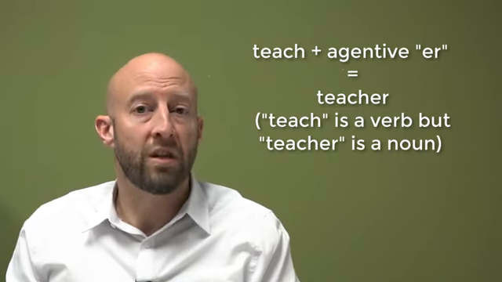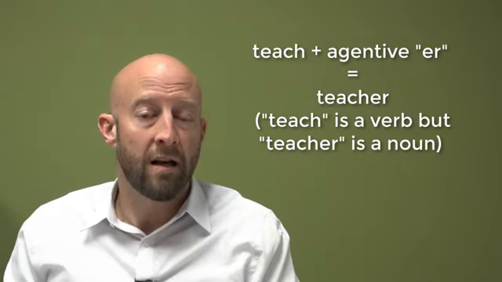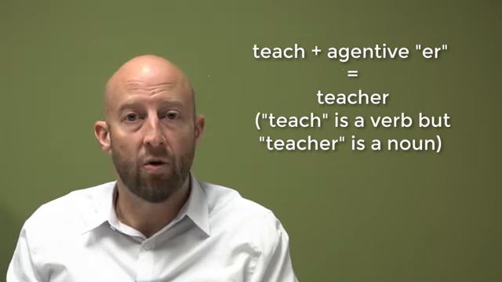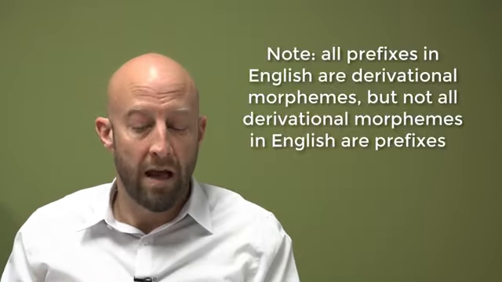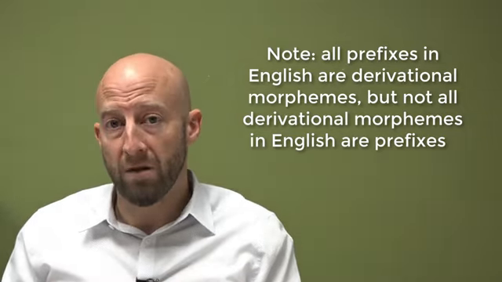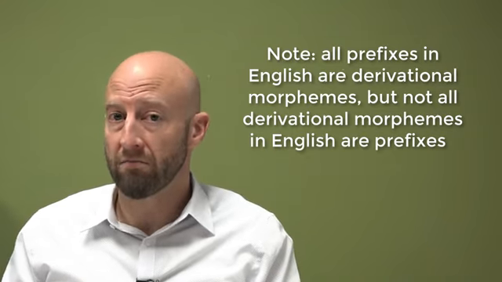Like if we take the morpheme teach and we add er to the end of it, now we've got teacher, which is a noun, a different lexical category, a different part of speech. So that's what derivational morphemes can do. They can create new words in a language, or they can possibly change the part of speech or lexical category from one to another. Note that all prefixes in English are derivational morphemes, but not all derivational morphemes are prefixes.